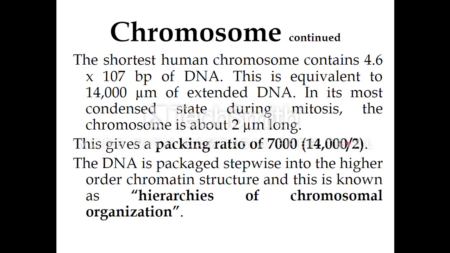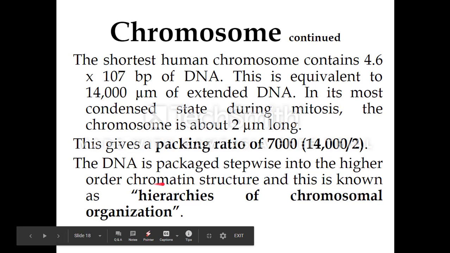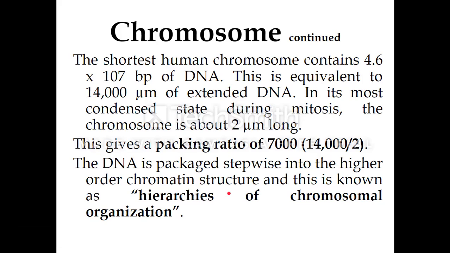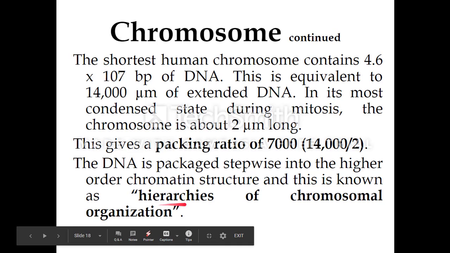So the 14,000 micrometer length of the DNA divided by the actual length of the chromosome will give you the packing ratio. The DNA is packaged stepwise into higher order chromatin structure, and this is known as hierarchies of chromosomal organization.